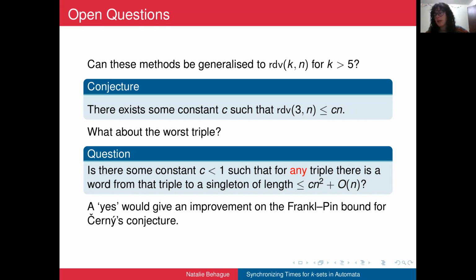But I think the real interesting question is whether it is actually like n squared or more like n. Maybe the conjecture's false, maybe you could improve on the lower bound, and that would be very interesting too. So fiddling around with the constants is not the most interesting part, but maybe it's all we can achieve. It's all we've been able to achieve for like 40 years with Cherney's conjecture itself, fiddling with the constants. So yeah.